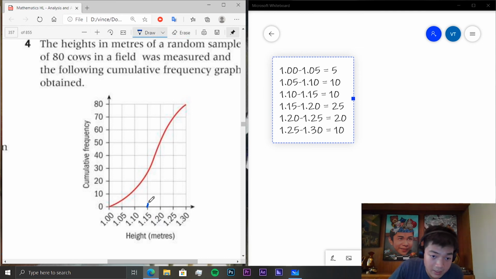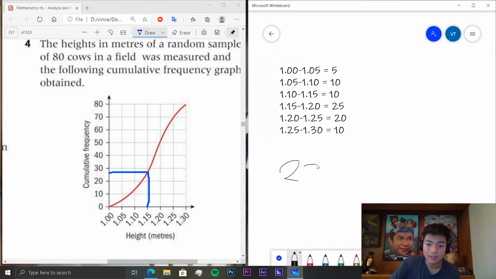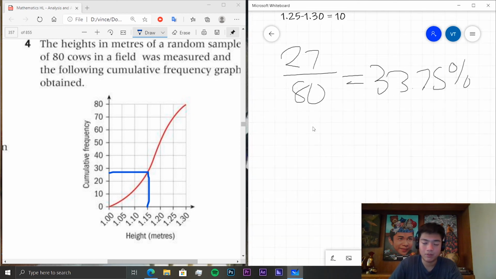So we can draw this line up here, and 25 is a pretty bad estimate. I will use 27. I'll say 27 cows out of the 80 are 1.15 meters or less. So that means we have 27 over 80, so it's around a 33.75% chance that the cow will be less than 1.15 meters.